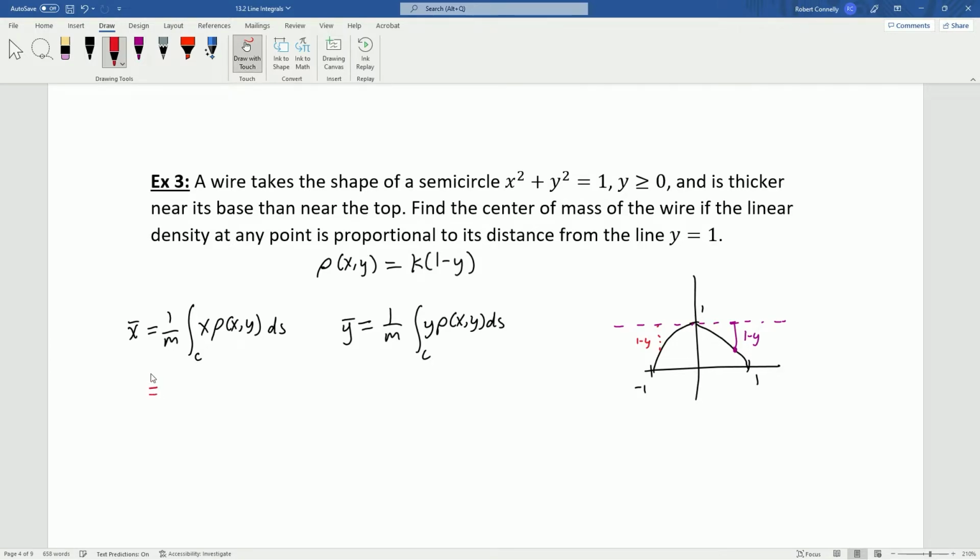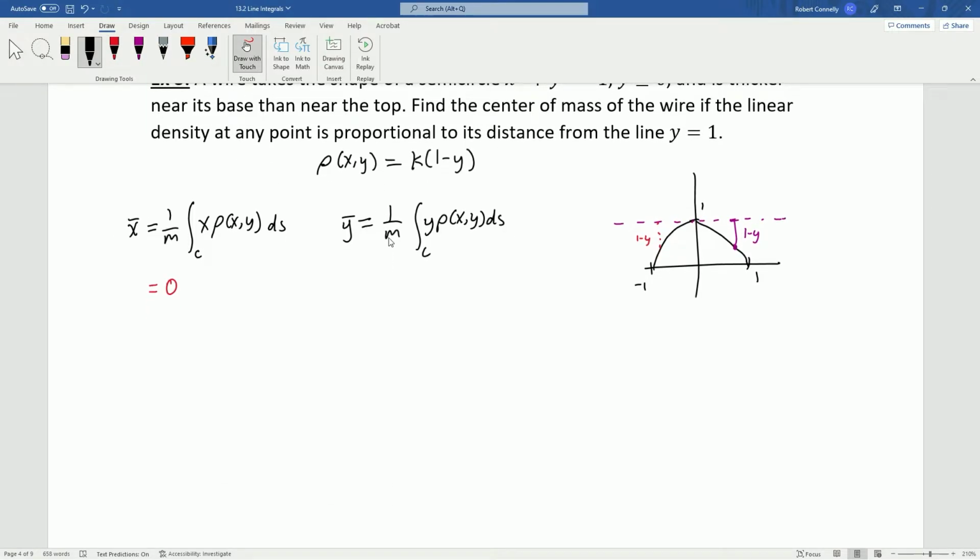So we can actually just immediately recognize that x bar is equal to 0 here. But that doesn't solve the problem for y bar. Now, in order to evaluate y bar, we need to know the mass. And for that, we have to evaluate the integral of just the density function over the line.